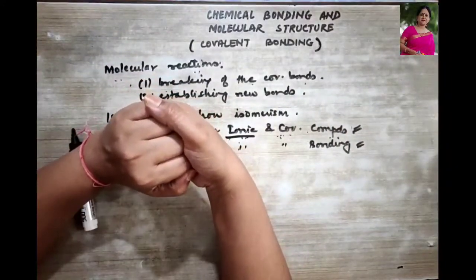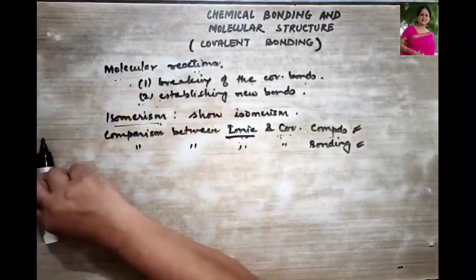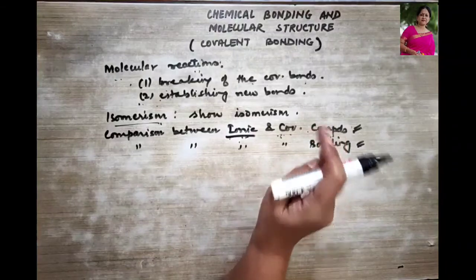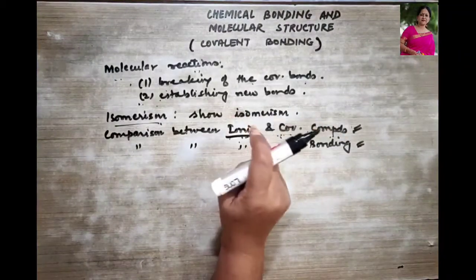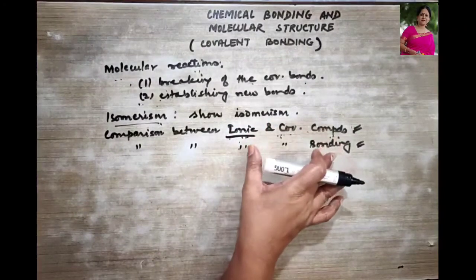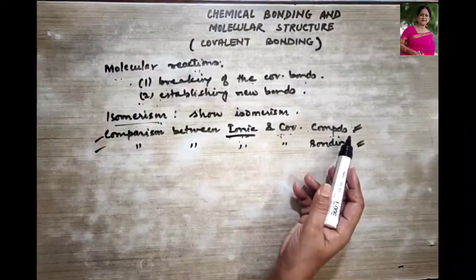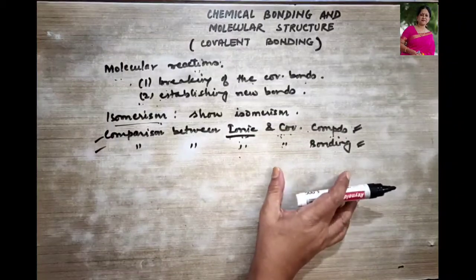There is sharing of electrons, so this is a little hard to separate, and therefore we can say that covalent compounds show strong bonds, and ionic bonding shows weak bonds. So these comparisons are both clear between ionic and covalent compounds and even ionic and covalent bonding.